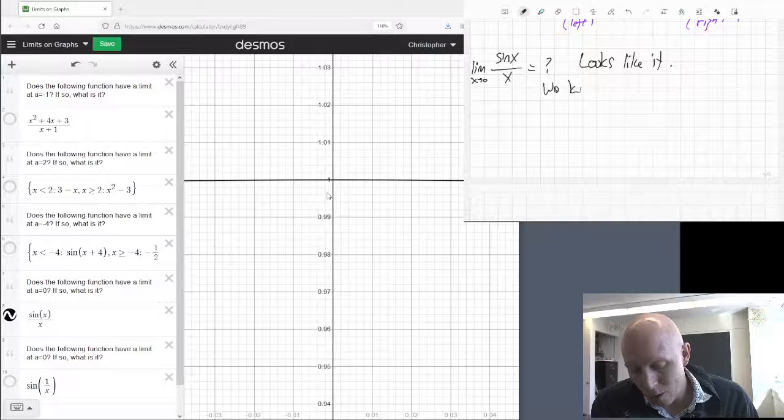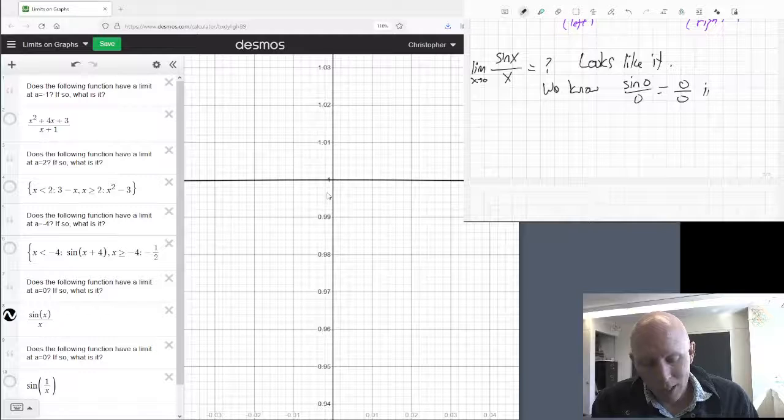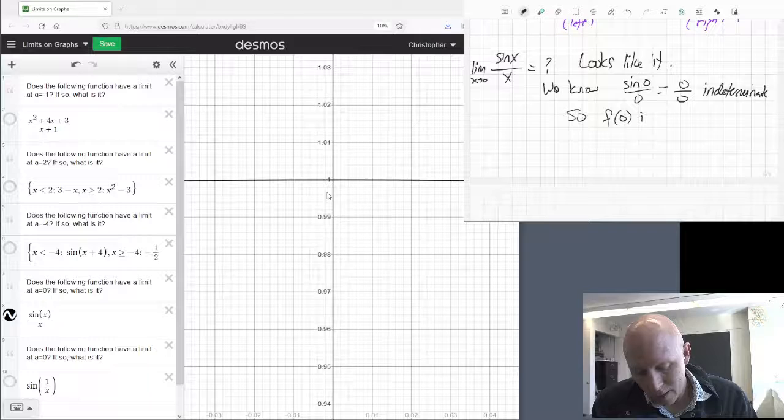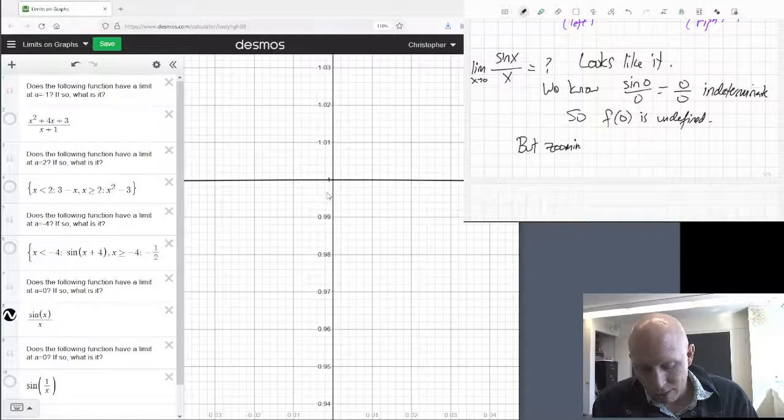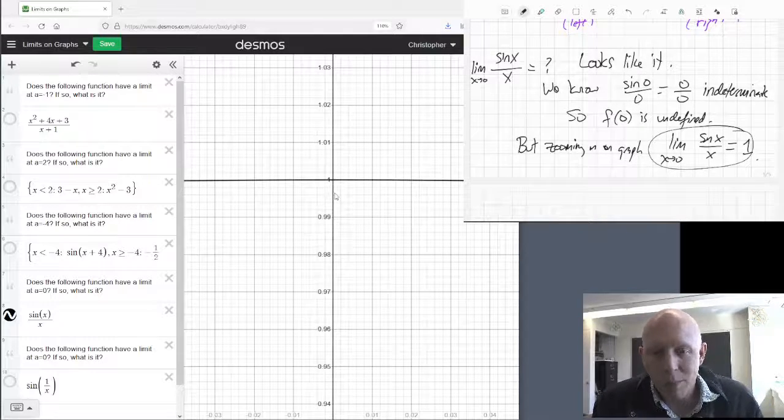We know that sine of 0 over 0 is 0 over 0, which is indeterminate. So f of 0 is undefined. But zooming in on the graph shows that the limit as x goes to 0 of sine of x over x is equal to 1. And that's something that we'll be able to prove.